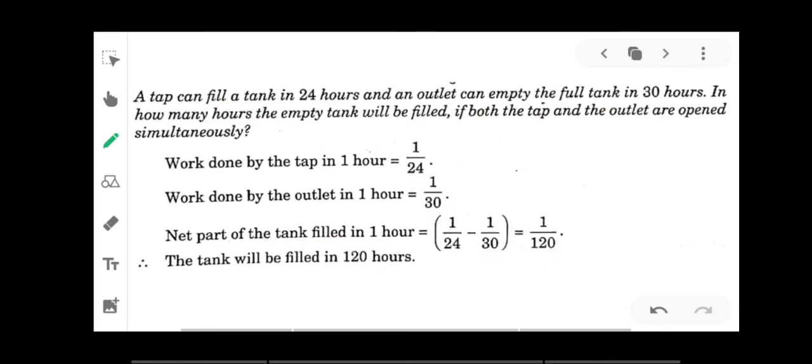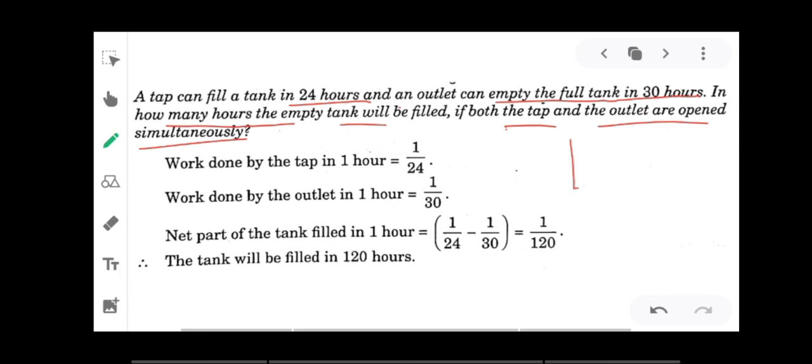Next question. A tap can fill a tank in 24 hours and an outlet can empty the full tank in 30 hours. In how many hours will the empty tank be filled if both the tap and outlet are open simultaneously?